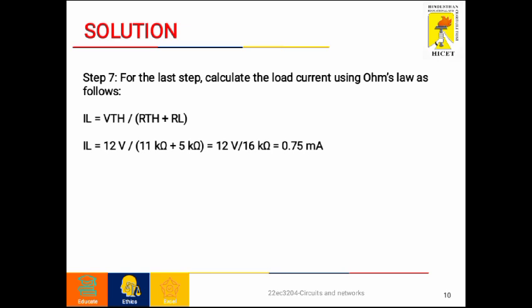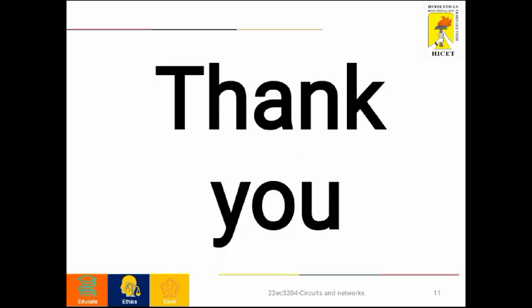We know that I is equal to V by R. So load current IL is equal to V Thevenin divided by R Thevenin plus RL, where V Thevenin represents Thevenin's voltage, R Thevenin represents Thevenin's resistance and RL represents the load resistance. By substituting the values of V Thevenin, R Thevenin and RL, we get the load current equal to 0.75 milliamps. So thank you.